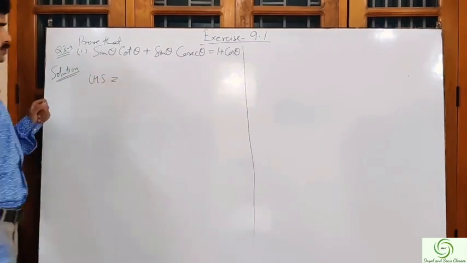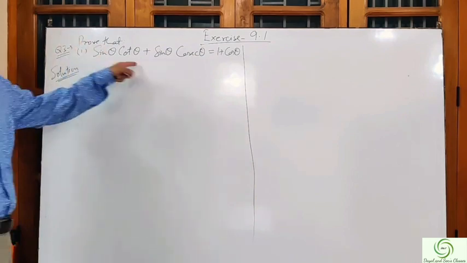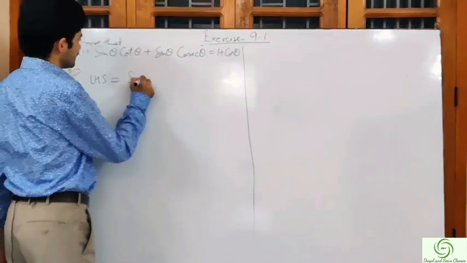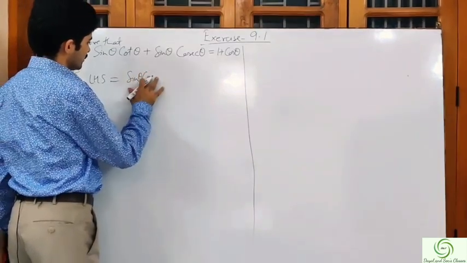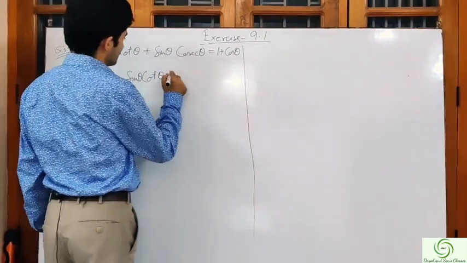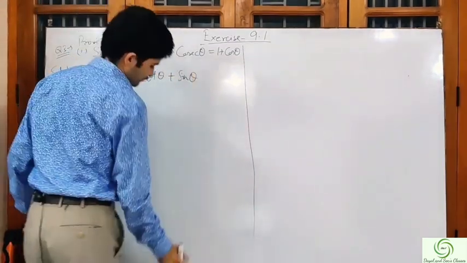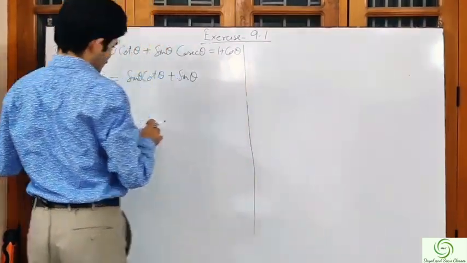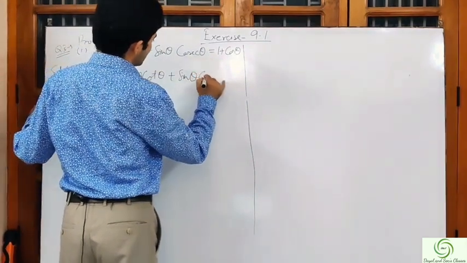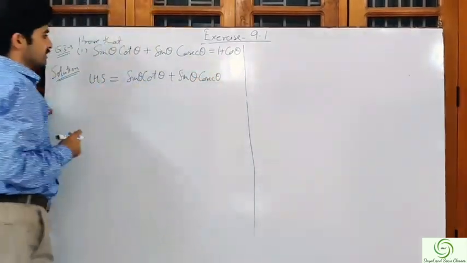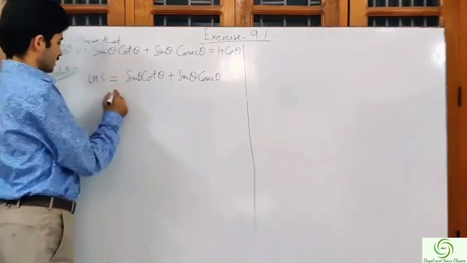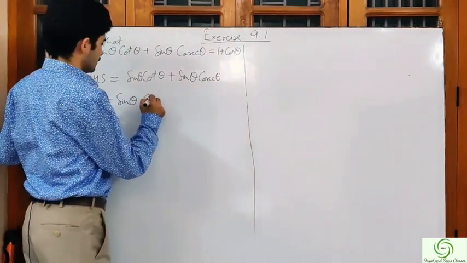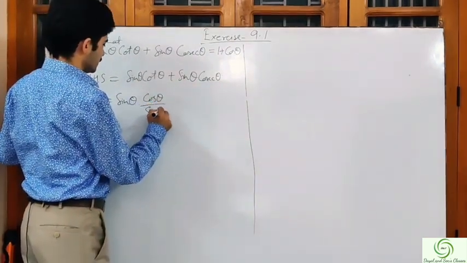LHS. To prove, we will solve the left hand side and try to get the right hand side value. In the left hand side we are given sin theta into cot theta plus sin theta into cosec theta.